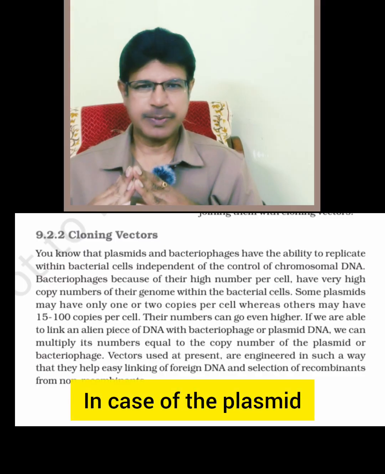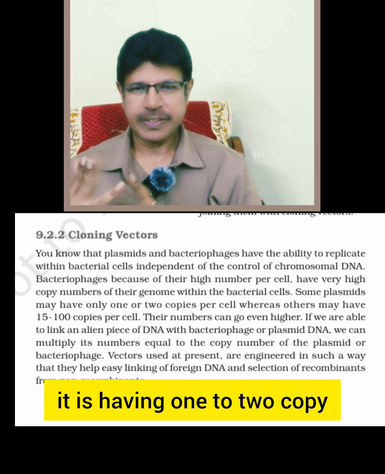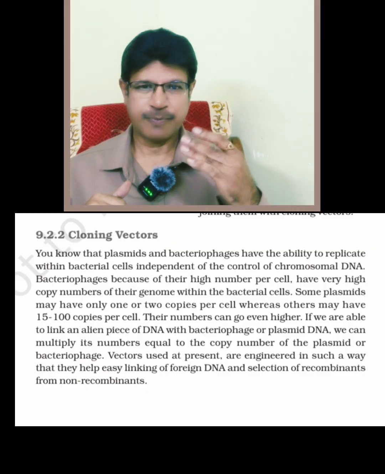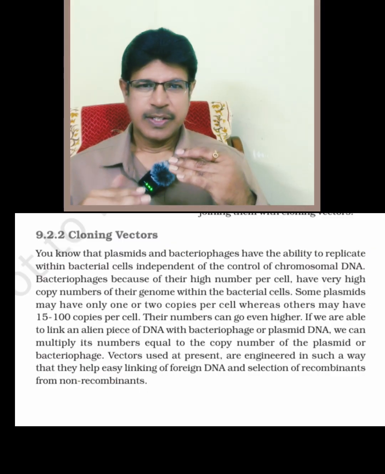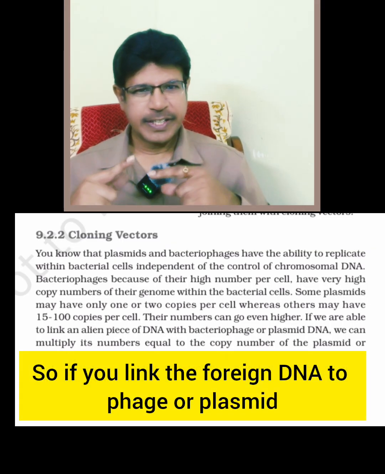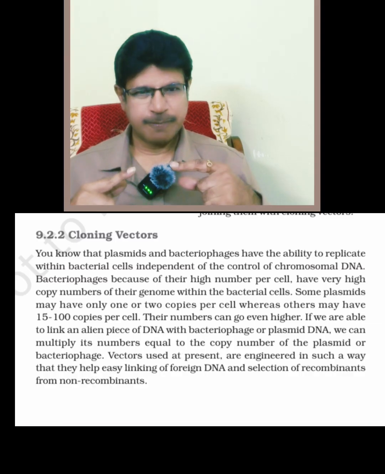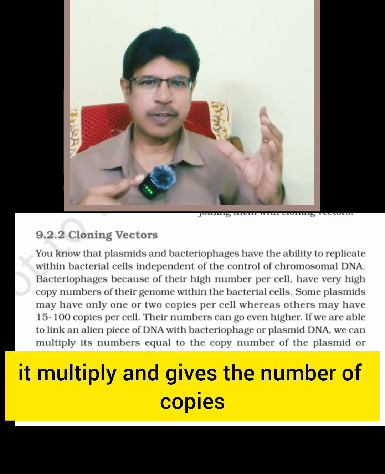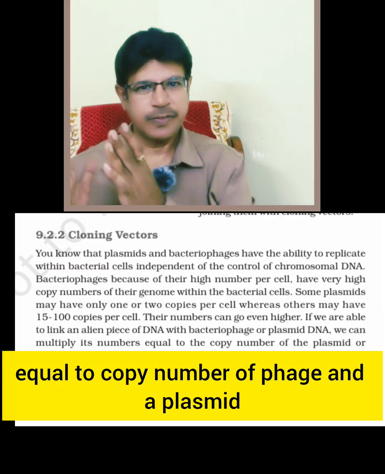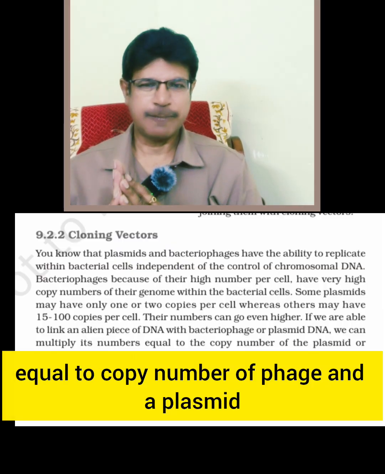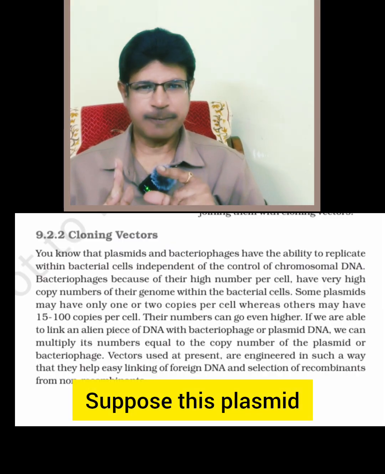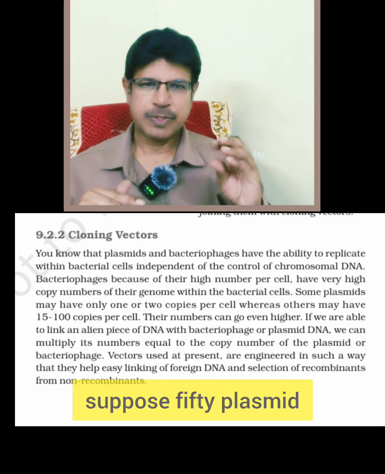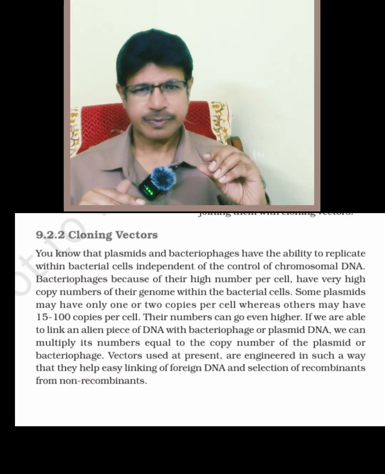In the case of a plasmid, it has 1 to 2 copies, 10 to 15, 100, even more than 100. So if you link the foreign DNA to a phage or plasmid, it multiplies and gives a number of copies equal to the copy number of the phage or plasmid. Suppose this plasmid inside the bacterial cell produces 50 plasmids.